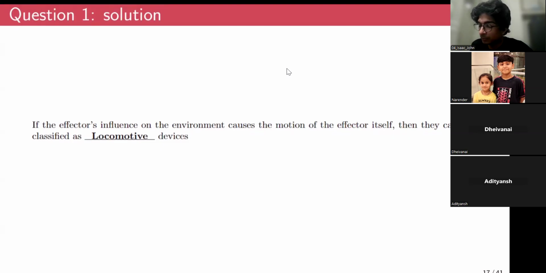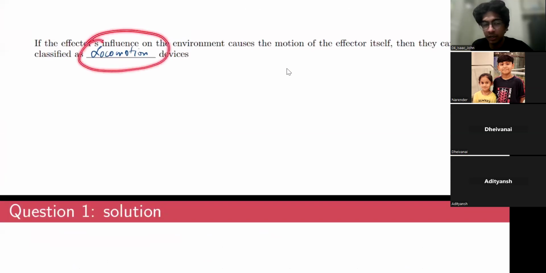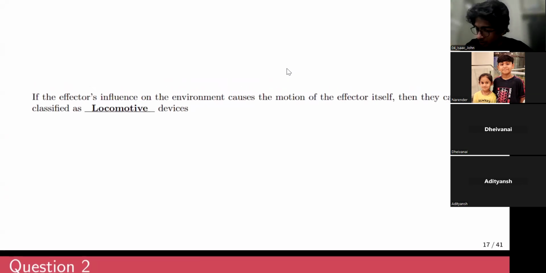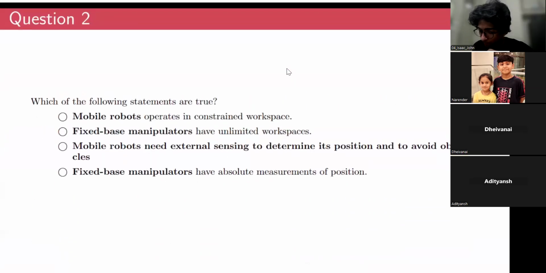Descriptive questions can always lead to some confusion. Some people can write locomotion like I did, but the answer key is actually locomotive, so that can cause unnecessary confusion. But for numerical questions, you can probably expect fill in the blanks. So that's indeed correct.